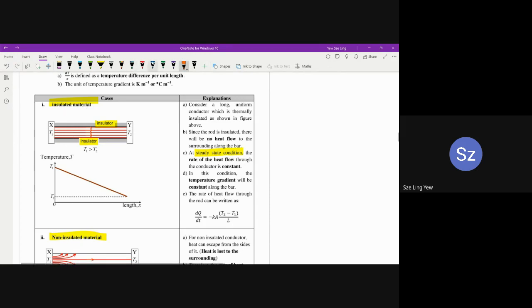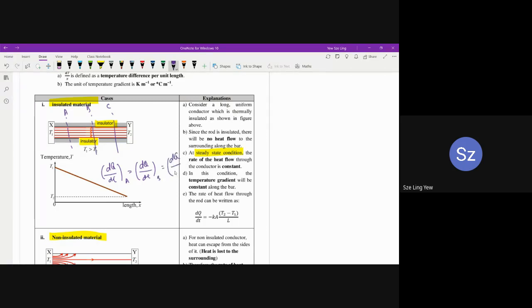If you look at point A, point B, and point C, all of them have the same dQ over dt, because the rate of heat flow is constant when the object has reached a steady state condition.